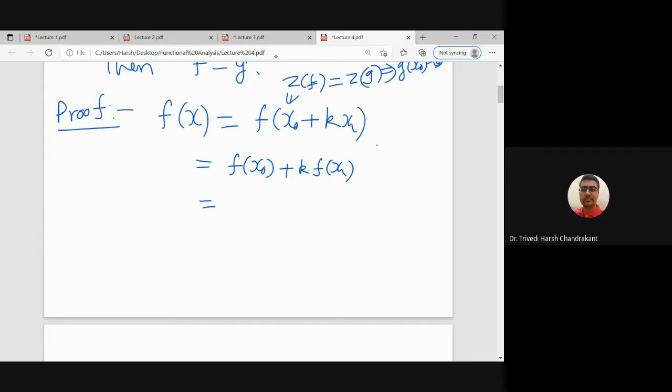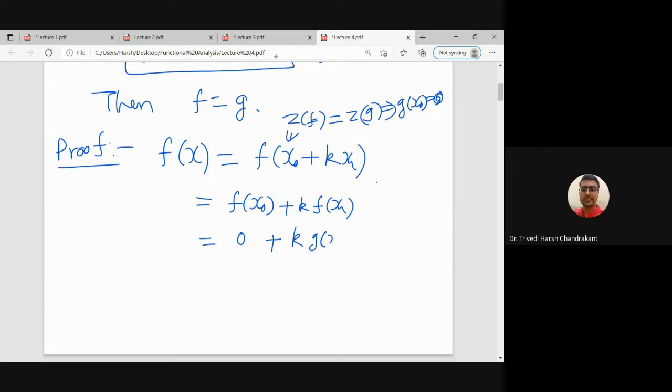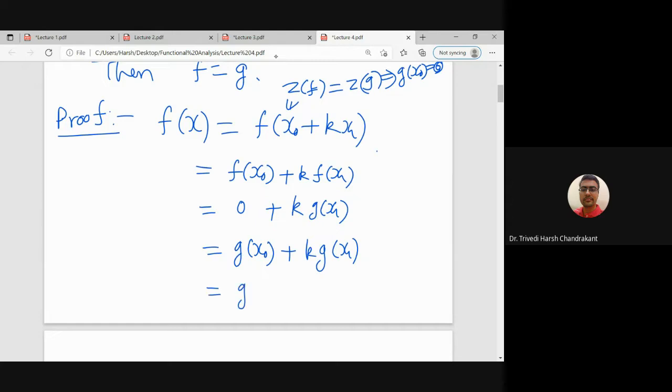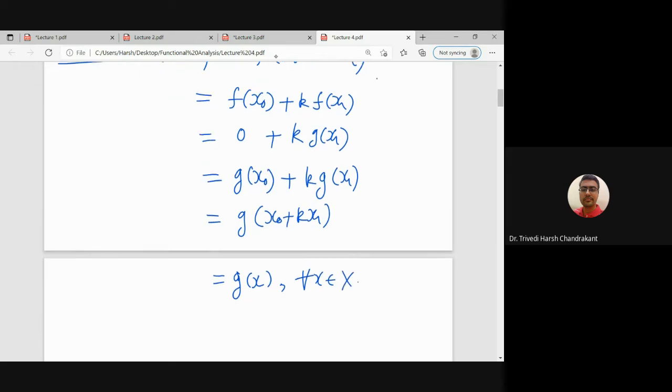F(x1) is G(x1), and G(x0) is also 0, so we can rewrite this in this form. Again G is linear, so this is G(x0 plus k x1), which is exactly G(x). This is true for all x in the domain, so the functions are pointwise the same, and hence equal on the entire set.